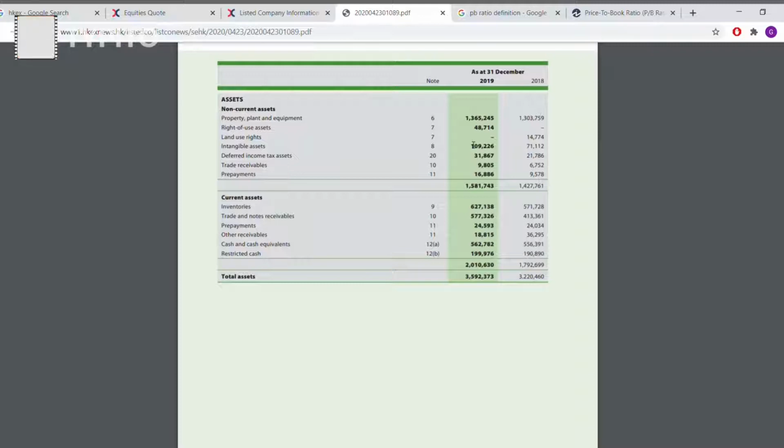In a recession, your debtors may not be able to settle their payment on time. They may even default, and that's when you may have to write down your trade receivables value accordingly.